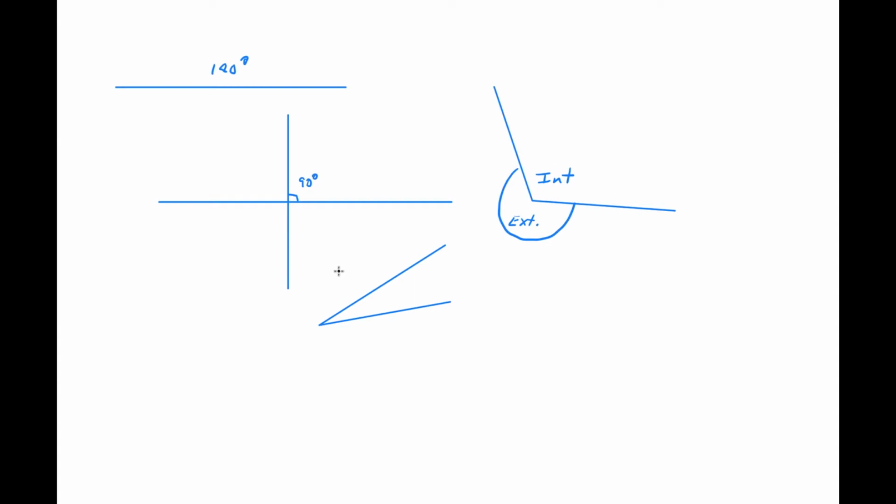All right, that pretty much covers complementary and supplementary angles. We didn't really go over this in Algebra 1, but a complementary angle is any angle that's right next to another angle that together they make a 90-degree angle.